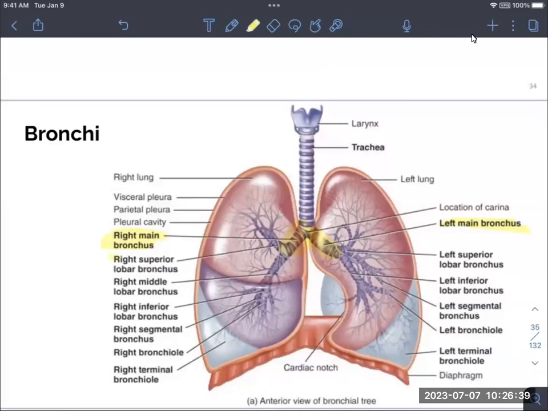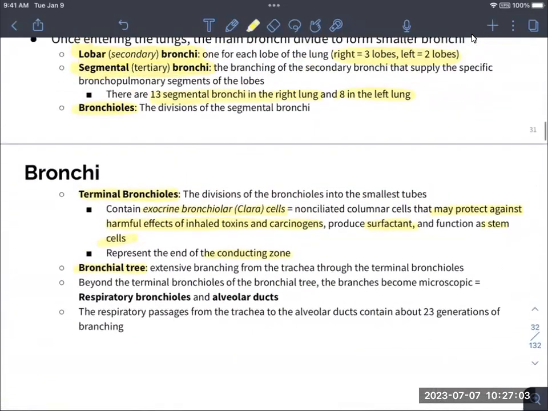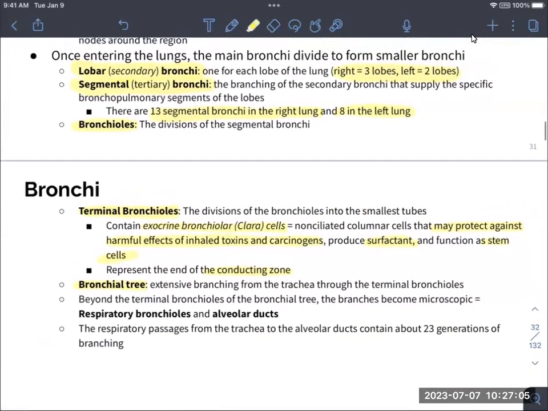We see this right superior lobar bronchus, right middle lobar through here, and then that right inferior bronchus here. Those are going to split into segmental. Those segmental here split even further into bronchioles. And then they're going to go to terminal bronchioles. That is that whole tree.